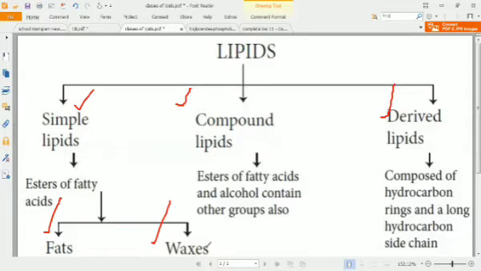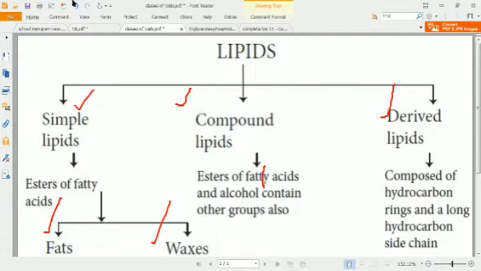They are simple lipids. The other type is compound lipids, in which esters of fatty acids and alcohol contain other groups also, which are attached with them.